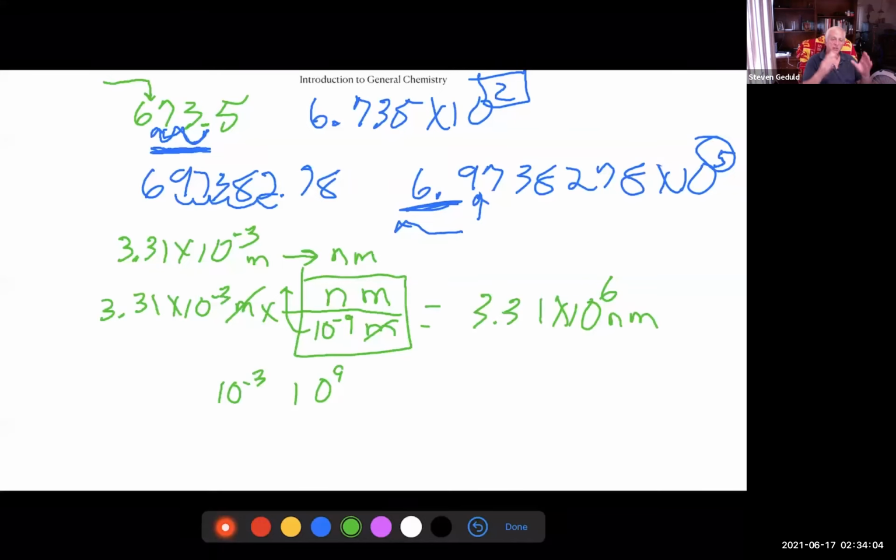Make sure every conversion box equals 1. Make sure your units cancel, and you'll get it right every time. And just do the math, leaving the exponents out till the end, and then add them together at the end. Bring them all up, and when you bring an exponent up, you change its sign. And when you multiply exponents, you add them together. So minus 3 plus 9 is plus 6.